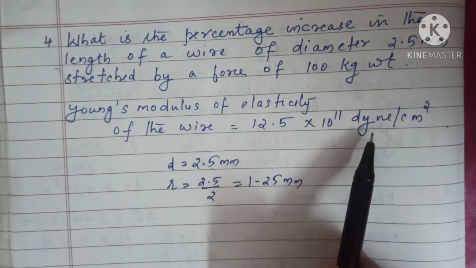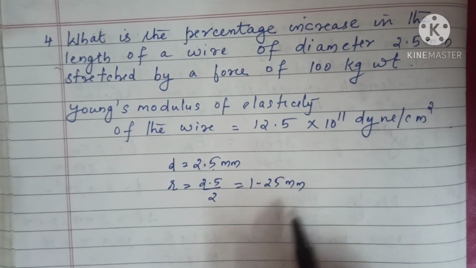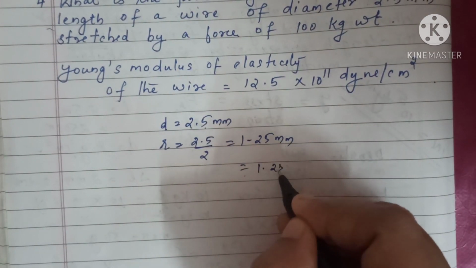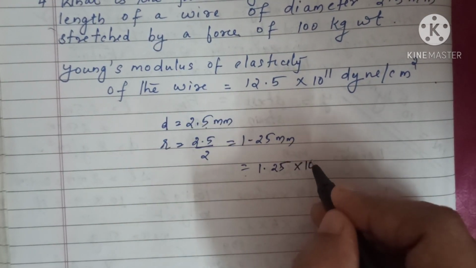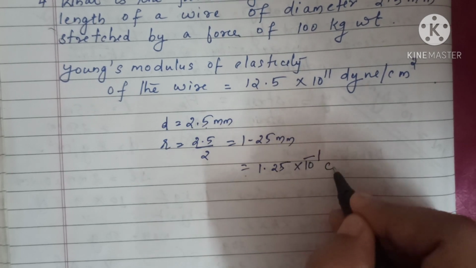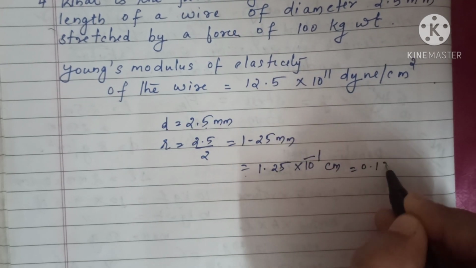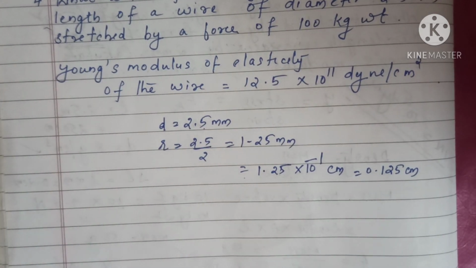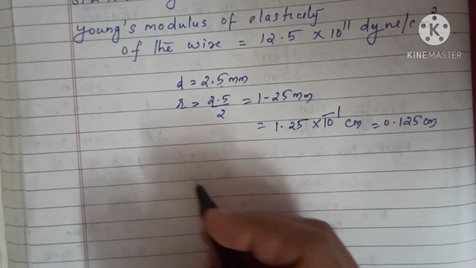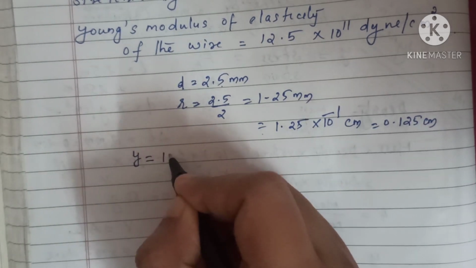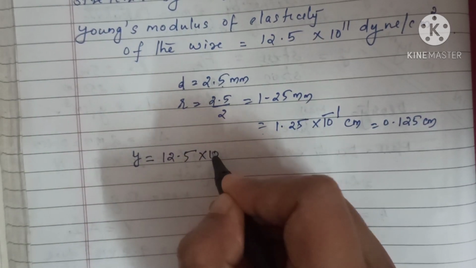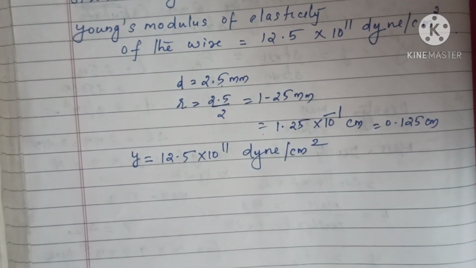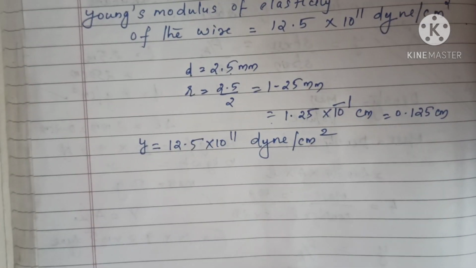Here also, since the value is given in dyne per centimeter square, I am doing it in CGS system. That is 1.25 into 10 raised to minus 1 centimeters, or I can write 0.125 centimeters. Clear? Then we have the value for Young's modulus given there: 12.5 into 10 power 11 dyne per centimeter square. Then force is there.